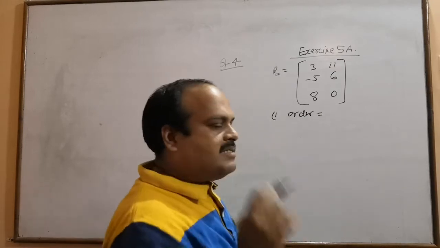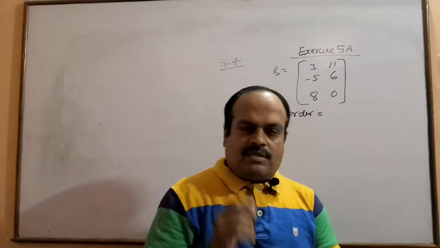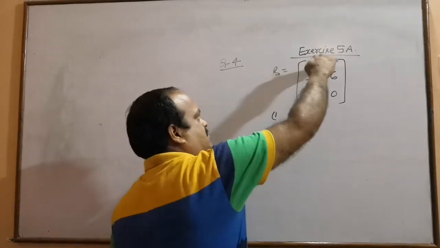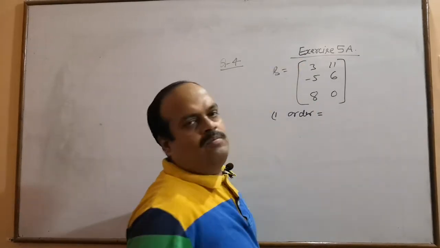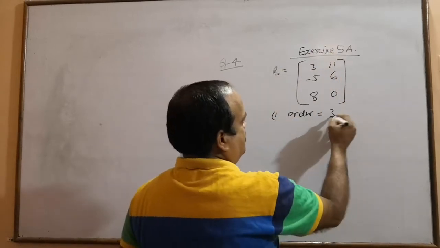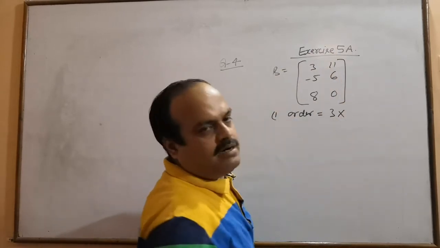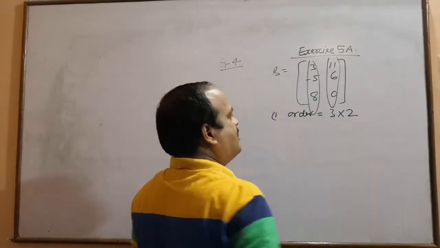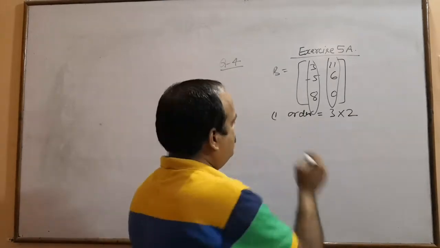As I told you, to write the order of a matrix, you should start with the number of rows first. Count the number of rows. How many? First, second, third. 3 rows. So 3 cross. How many columns? 2 columns. So the order of this matrix is 3 cross 2.